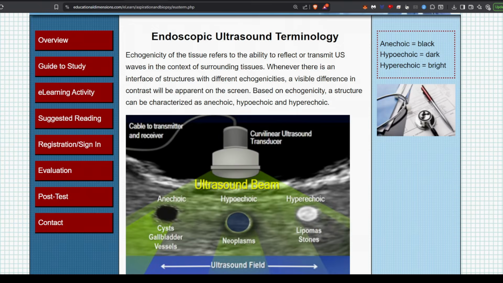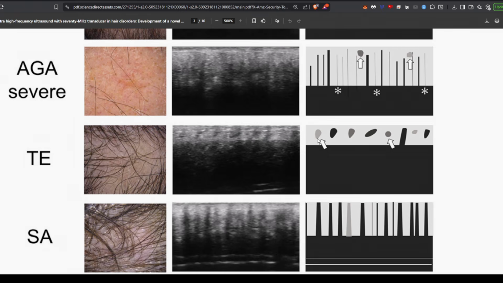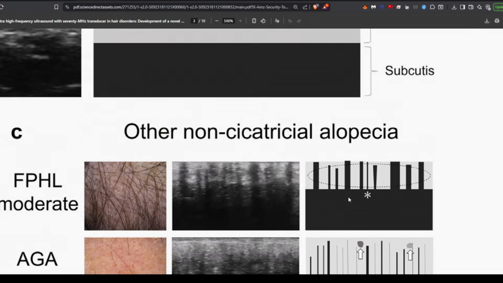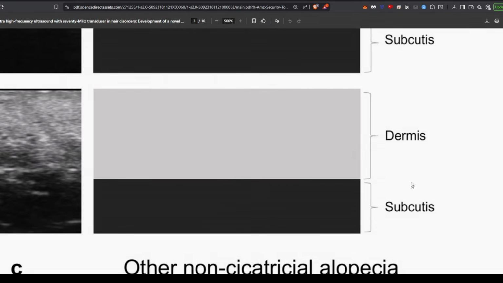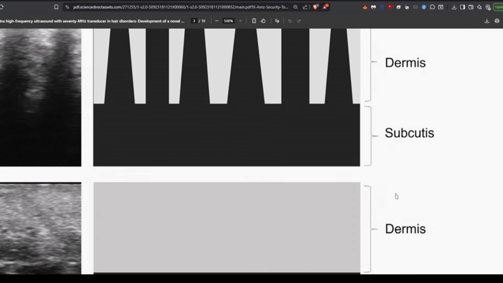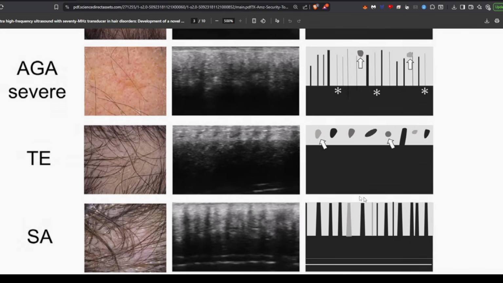Well, let's go back to the study we were looking at. What do you see here? You see these circles, 1, 2, 3, 4, 5, 6, 7, and 8, from what I can count. 1, 2, 3, 4, 5, 6, 7. I guess this says 7. But you see something interesting, right? They're going past the subcutaneous towards the upper parts of the dermis.